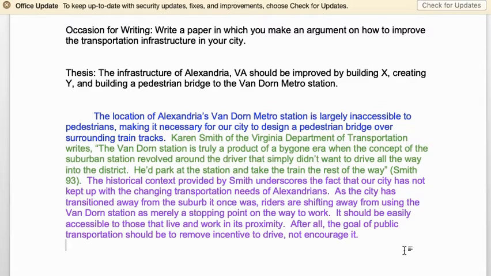In my explanation, I say the historical context provided by Smith underscores the fact that our city has not kept up with the changing transportation needs of Alexandrians. As the city has transitioned away from the suburb it once was, riders are shifting away from using the Van Dorn station as merely a stopping point on the way to work. It should be easily accessible to those that live and work in its proximity. After all, the goal of public transportation should be to remove incentive to drive and not encourage it.